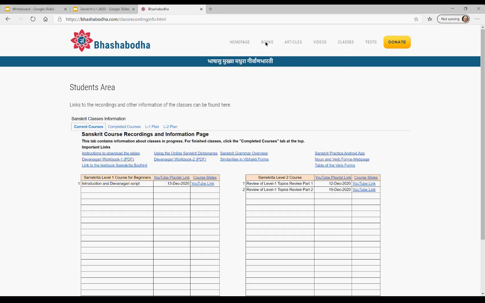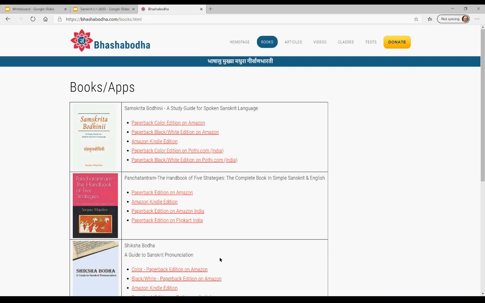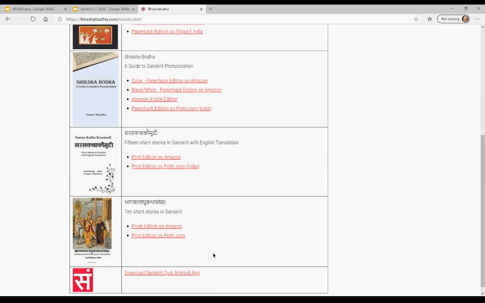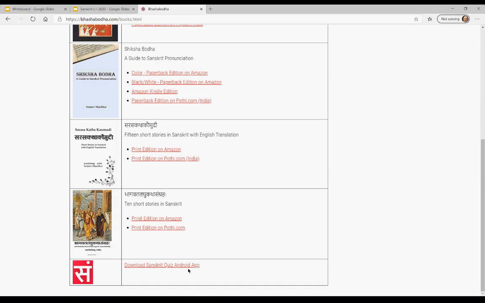If you go to the books link here, at the bottom there is a link to an Android app. Many people have used this before. Do you see the Android app link?